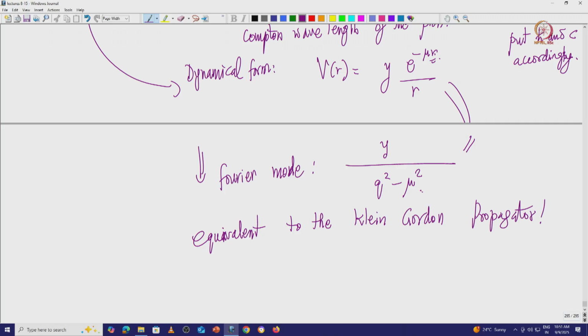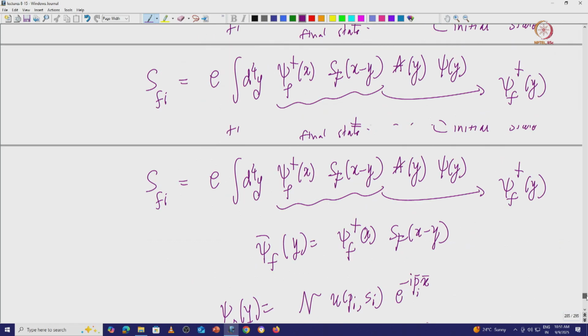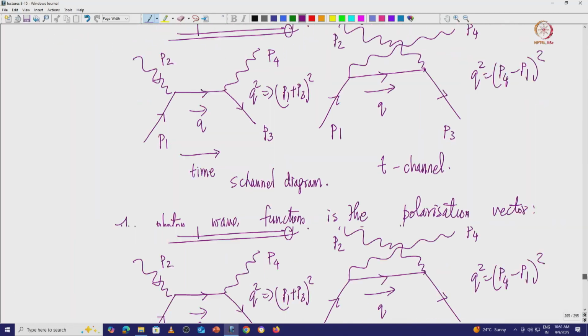So this is wonderful, right? Essentially we started off with the potential, wrote it down in terms of these Fourier modes, and now we have a mediator, because this is nothing but equivalent to the Klein-Gordon propagator, which we had derived some time ago.